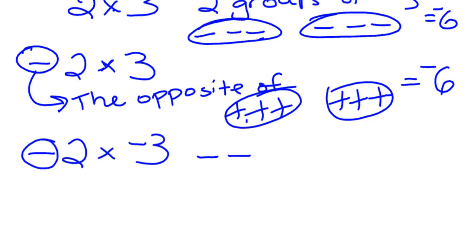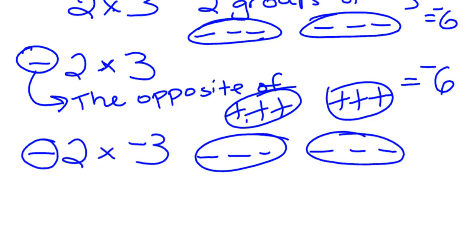So I have two groups of -3, which makes -6, but then I have the opposite of -6, which is +6. Look, the negative in front says the opposite of two groups of -3. So I have two groups of -3, right? Which means -6, but then I have this in front that says the opposite of, which is +6.